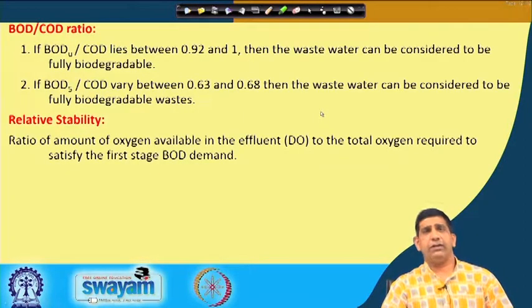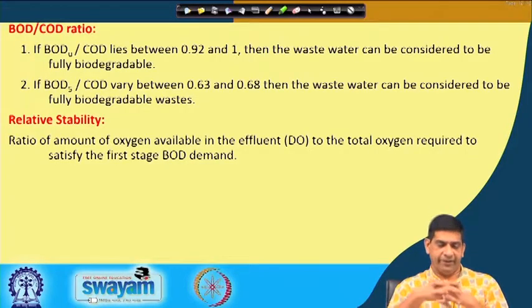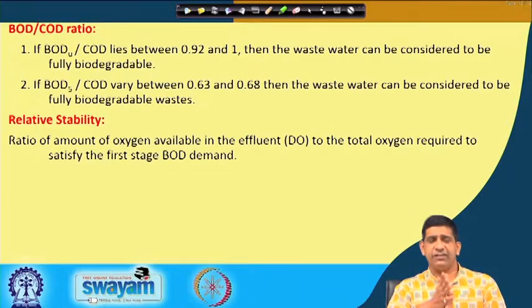Okay, the other very popular concept used a lot in the wastewater industry is the BOD COD ratio, looking at the ratio between the BOD and COD. It is important because it gives us an indication of how much of the total organic matter present can be readily degraded. If it is readily degradable, it becomes part of the water and gets into the food chain, or if it gets broken down, it also gets into the food chain.